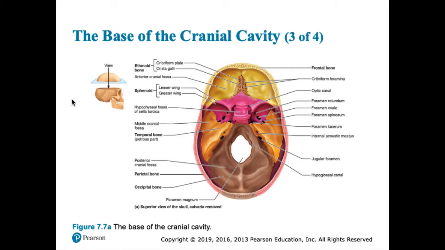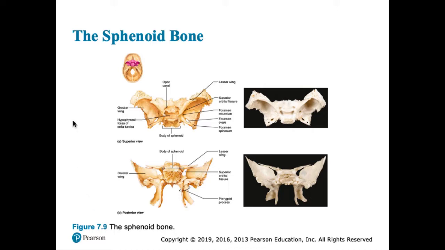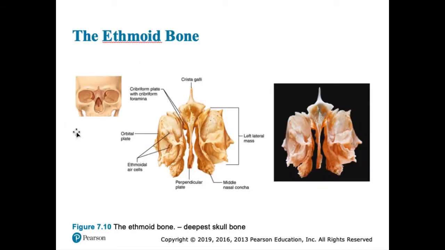Again, the base of the cranial cavity here, what view you're looking at, making sure that you understand each of these bones here. The sphenoid bone, of course, you can see what part of the skull you're seeing it from, and each of those different markings and features that are associated with that. The ethmoid bone as well, you can see where that's located, knowing each of the markings and features of that bone too.